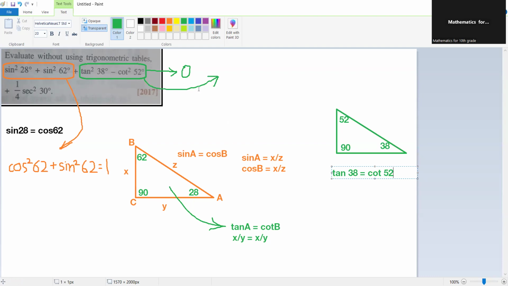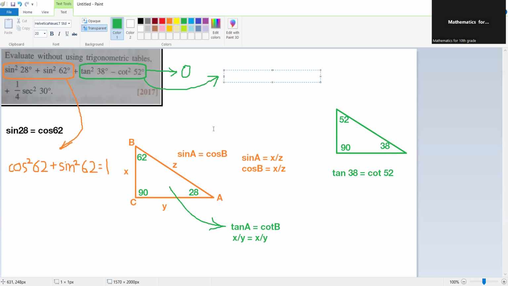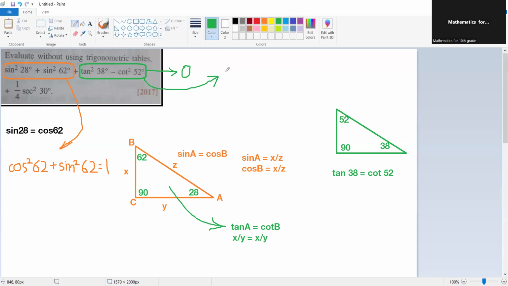So if we do minus, they become 0. So tan 38 is cot 52, so cot square 52 minus, we retain the second cot square, minus cot square 52, which is equal to 0.